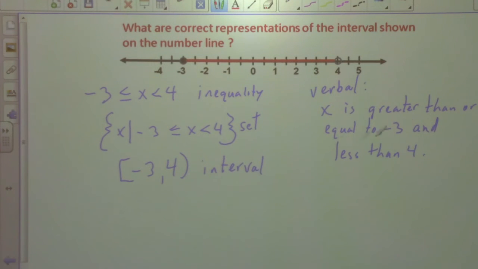So that'd be a verbal notation. Okay, and there's one more. What is the other one?